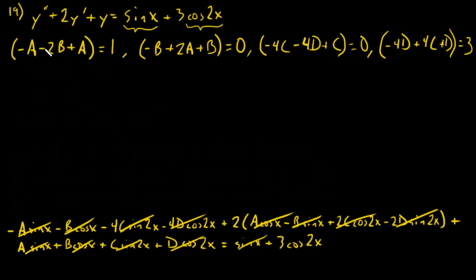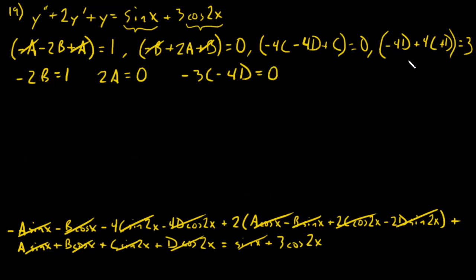Alright, so negative a, positive a cancel. I'm left with negative 2b equals 1. Negative b, positive b cancel. 2a equals 0. And then this is going to give me negative 3c minus 4d equals 0.